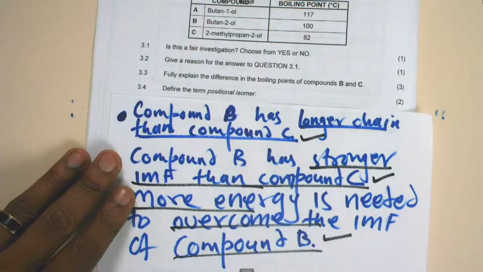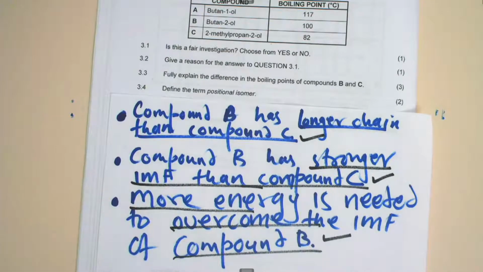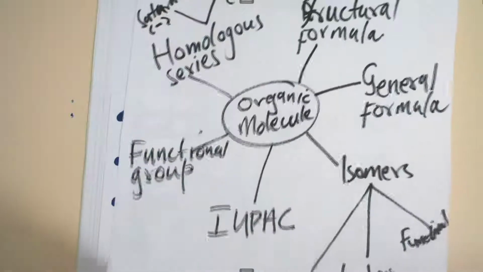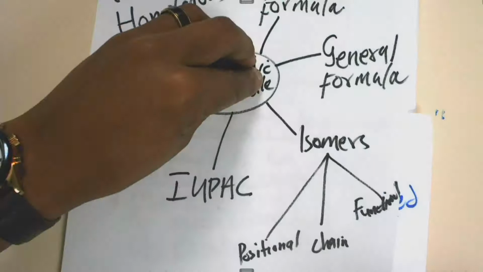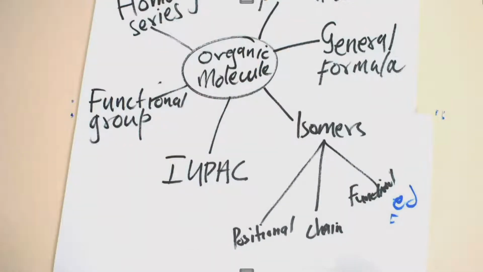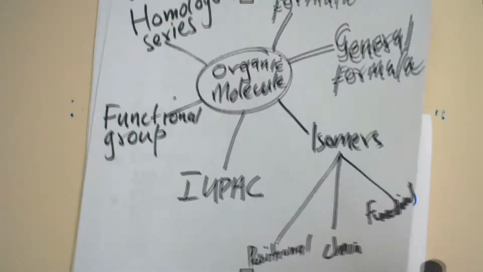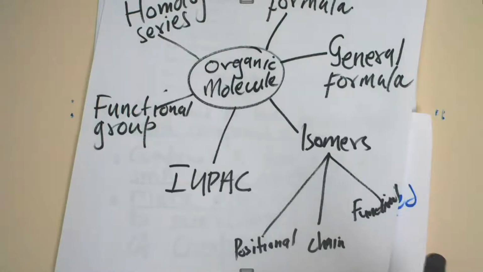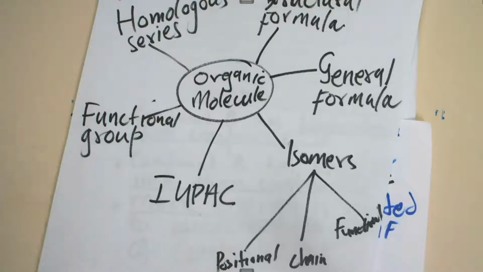Then at 3.4, define the term positional isomer. Where does it come from also? It comes from the organic molecule. So you are given an organic molecule, you need to say something about the positional isomer. So the topics are interlinked with each other. What I've learned in naming and structures can easily overlap to physical and chemical properties.